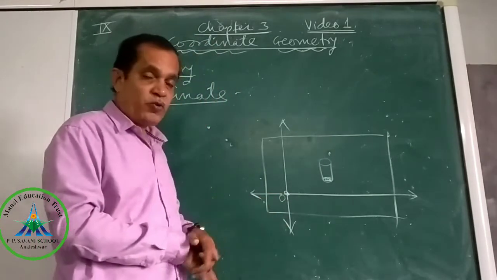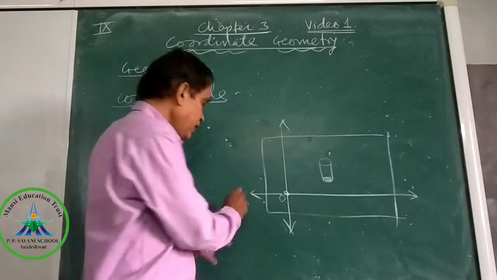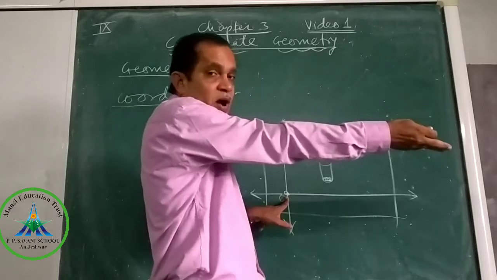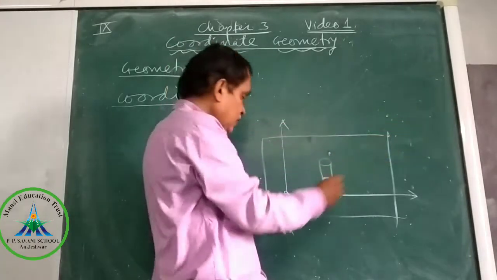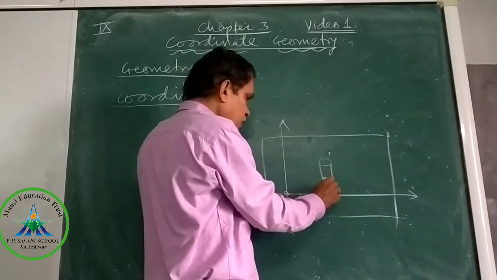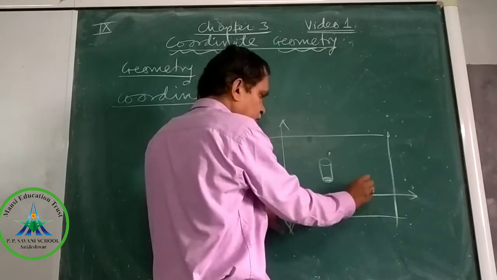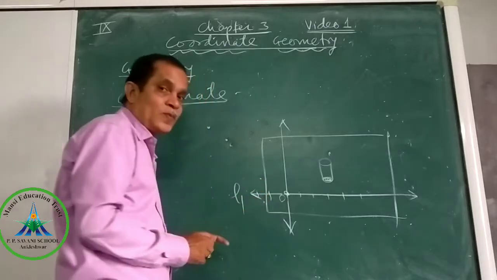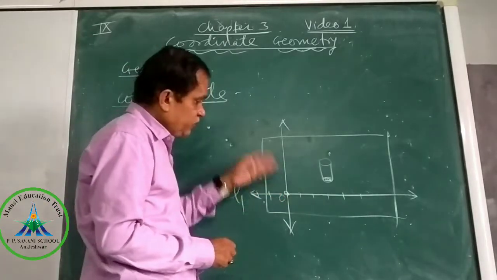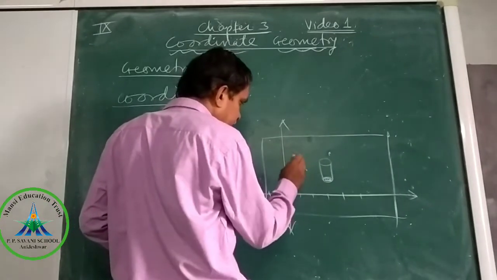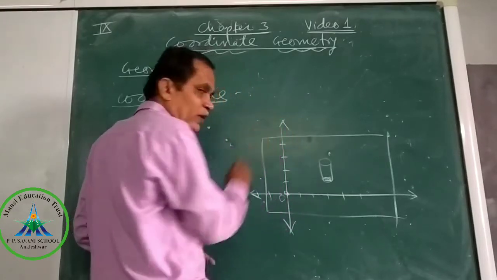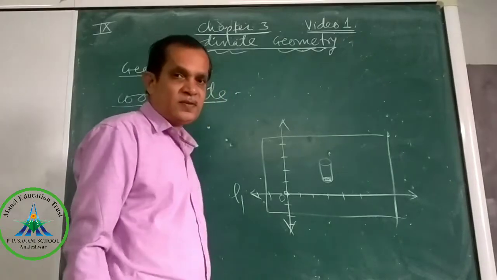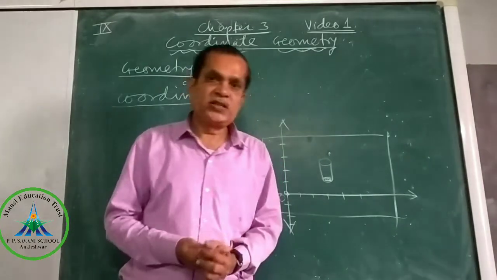If I take this as the origin, then for this line L1, on the right-hand side we mark positive points 1, 2, 3, 4, 5. On the left side, we mark negative. Above the origin, we mark positive. Below the origin, we mark negative points. This much knowledge we have.